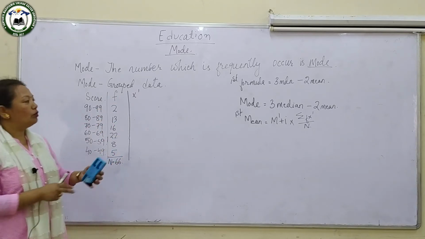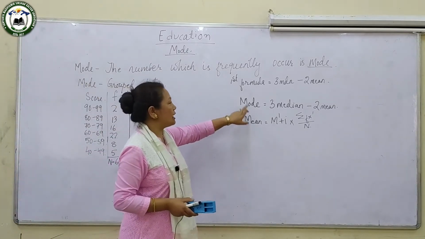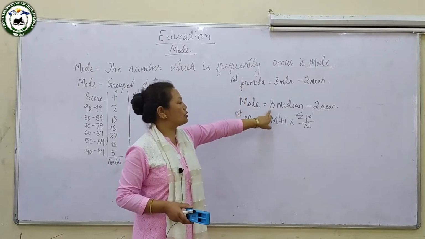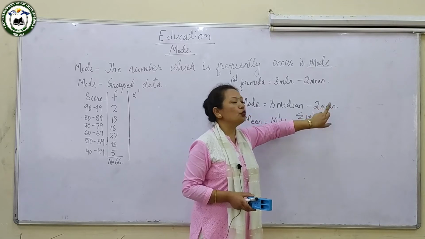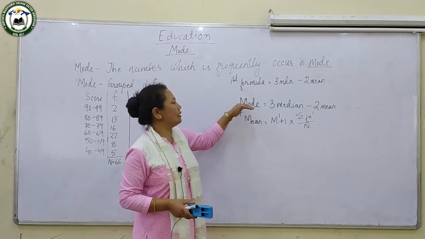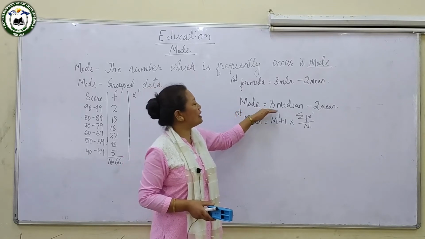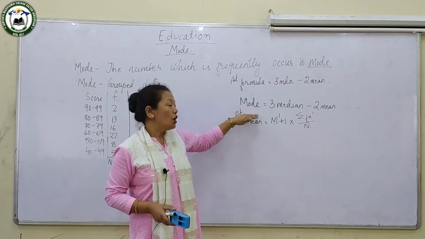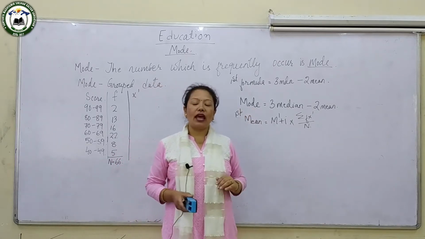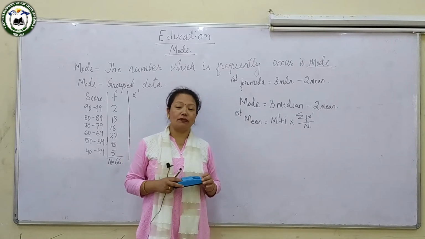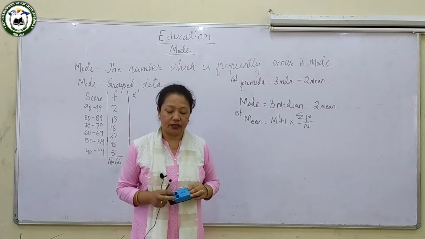We need to follow this formula: mode equals 3 median minus 2 mean. In this formula there is a relation between the mean, median and mode. This formula is known as the empirical formula and it was first devised by Karl Pearson.